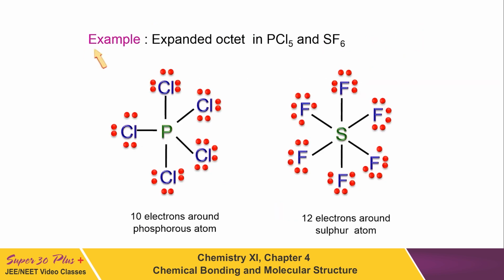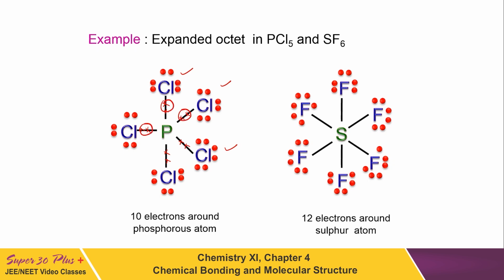Here are some examples of the expanded octet. Like in PCl5, you see there are 5 chlorine atoms around the phosphorus. Now you count 2 electrons in each bond.